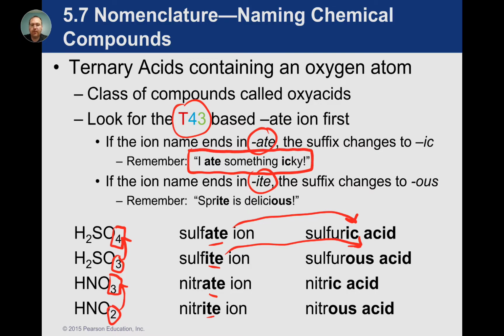Eating something icky: acids are pretty icky in themselves, very sour in taste. And if you think Sprite is delicious, you can recognize that similarity: ates give you ics and ites give you ous. It's all about being higher in oxygens. So higher in charge was ic versus ous for transition metals. Now ic is higher in oxygens, ous is lower in oxygens, and that ate versus ite is the determination for that.